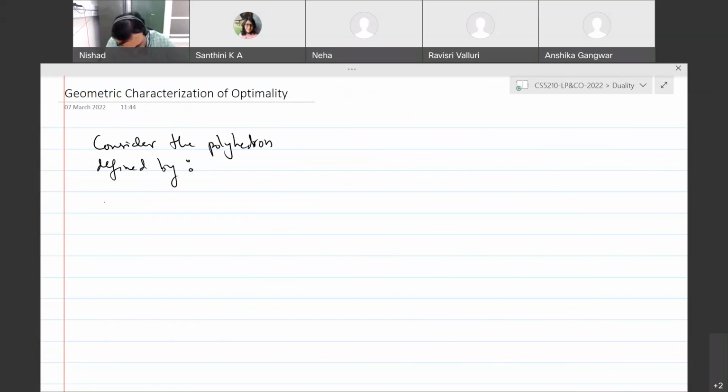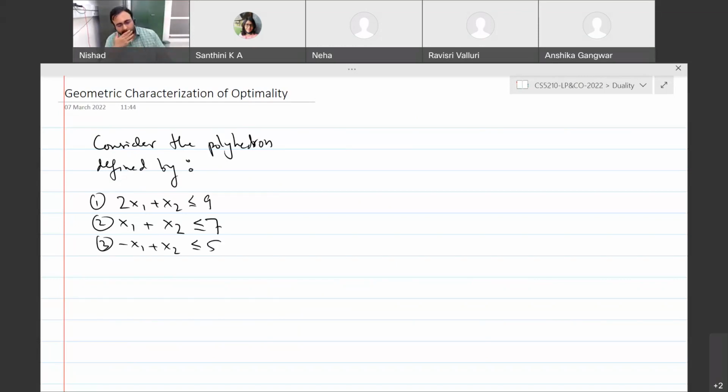In our first example, we had 5 constraints, but now I'm just going to keep 3 of them. So let's say we have these 3 constraints. I've removed the non-negativity constraints that were there in our first example of linear programming.